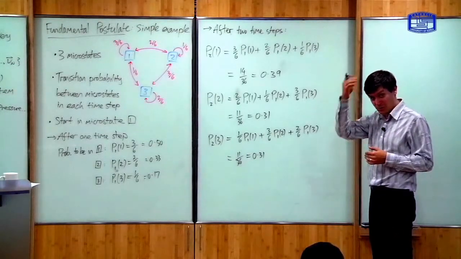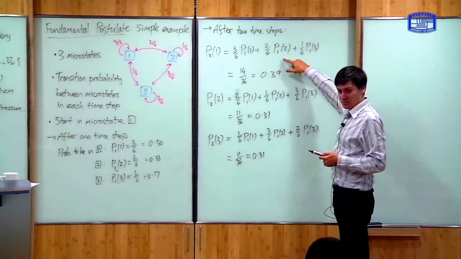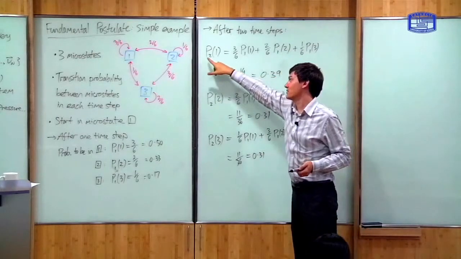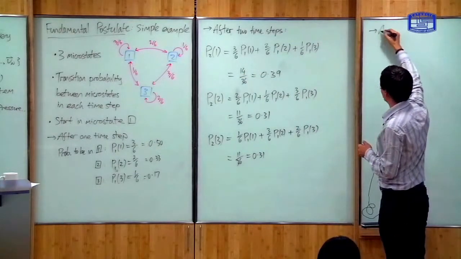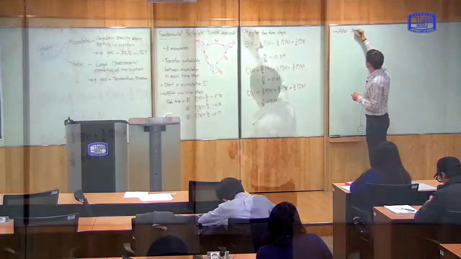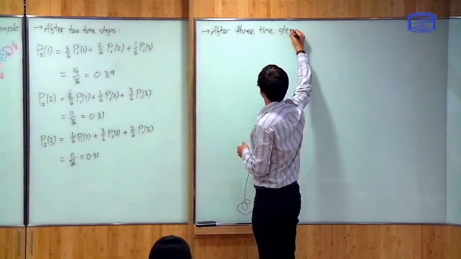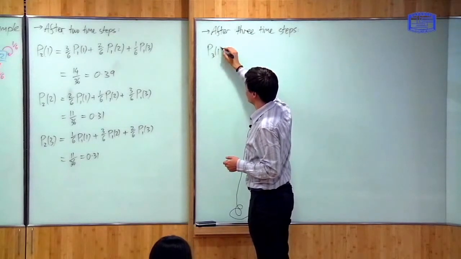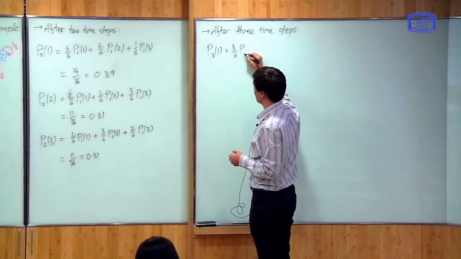So I'll just do one more, and then hopefully the pattern will become clear. After one more time step, I can just reuse this formula, right? This is now an iterative formula. After 3 time steps, I just change this to 3, change these to 2. Finally, after 3 time steps, the probability that I'm in 1 after 3 time steps is this.